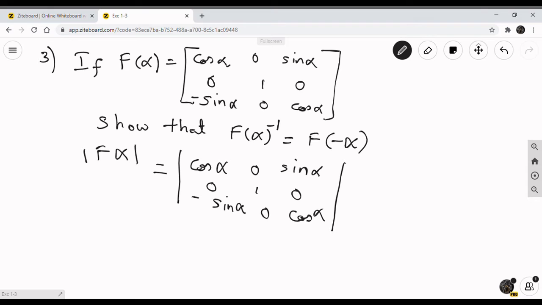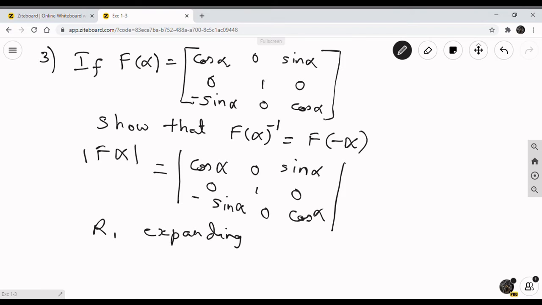For a determinant we use just 2 bars. Here we expand through the first row, that is row 1. So what is that row 1?